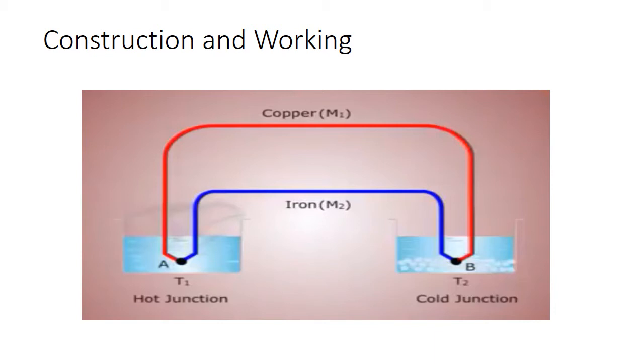So we have two junctions here, junction A and junction B. Junction A is known as the hot junction, which is at temperature T1, and junction B is known as the cold junction, which is at a known temperature, and we will call it T2. We have to measure the temperature at the hot junction A, so we have to measure T1. We already know the value of T2, it's a known value to you.